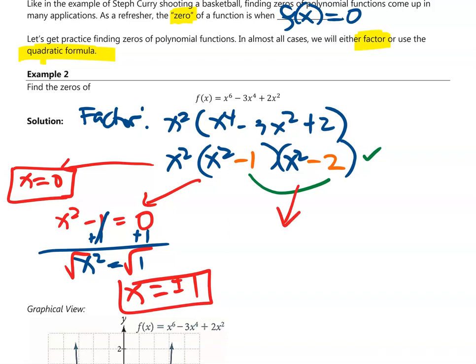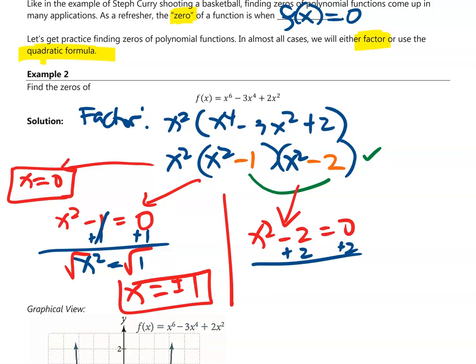And then x squared minus 2, do the same thing. Set it to 0, and then add 2. And yes, square root, so that x is equal to plus or minus square root of 2.